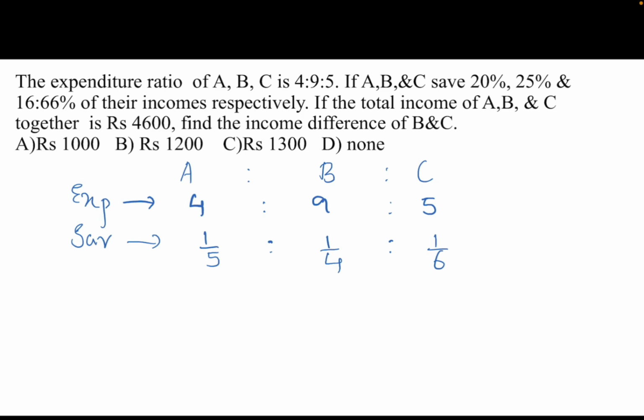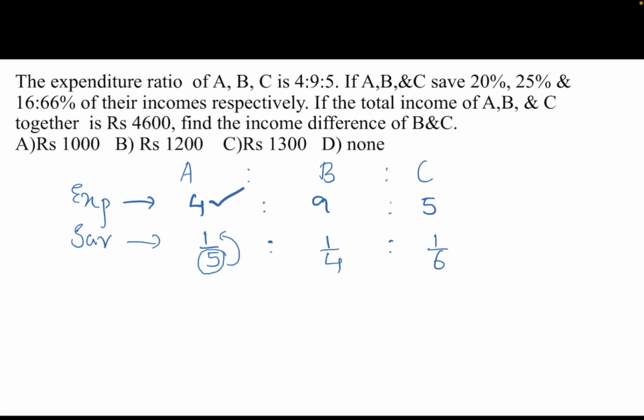Now see here, if 5 parts is the income of A and 1 part he saves, then 5 minus 1 is 4, so 4 parts is his expenditure, so this is correct.